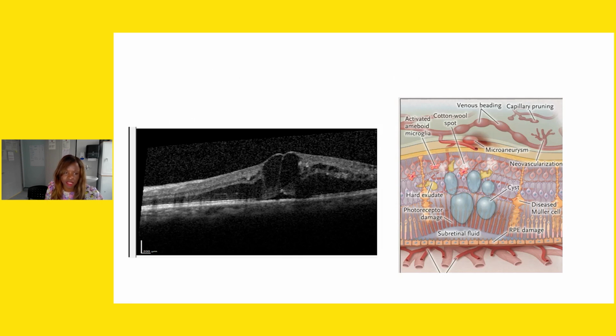Instead, we haven't got a pit. That's been disorganized now with these black areas, and that's fluid. And that's basically macular edema, in this case, diabetic macular edema. You can also imagine that the light being focused on the fovea, instead of going directly to the photoreceptors, will be interrupted and scattered and blurred.